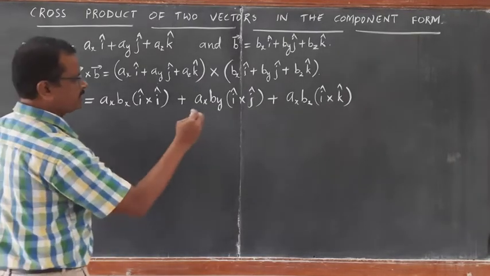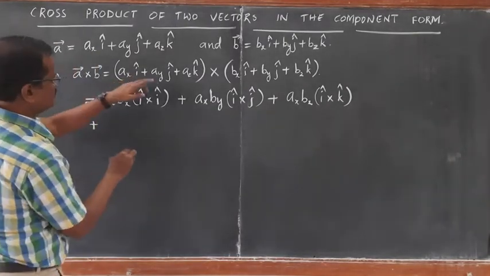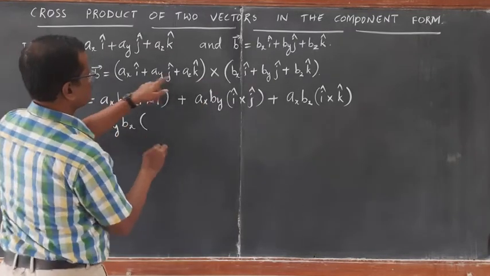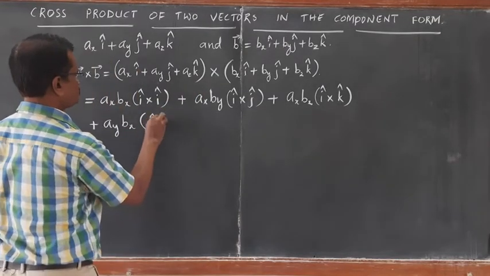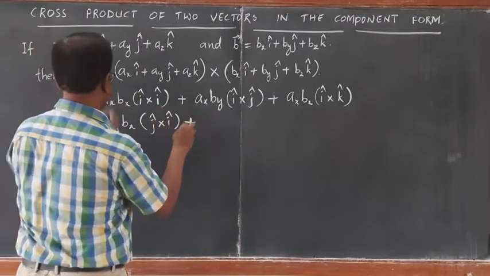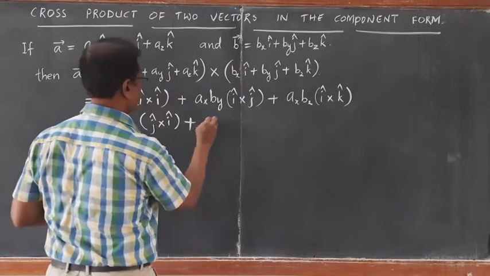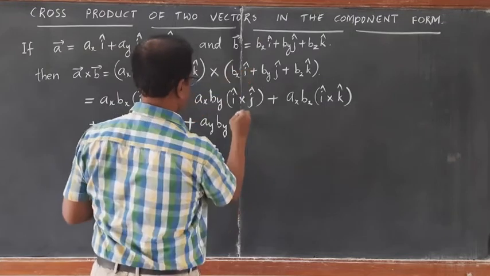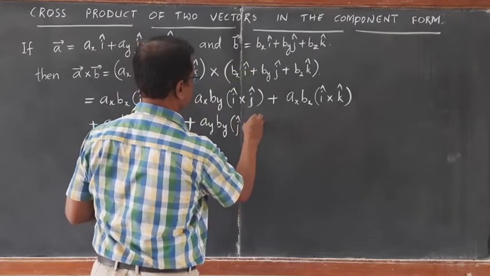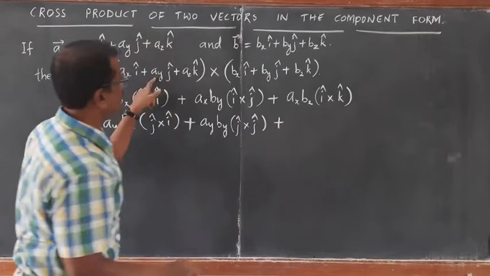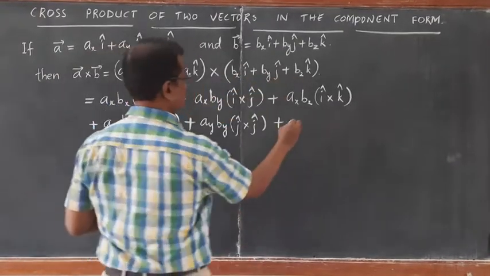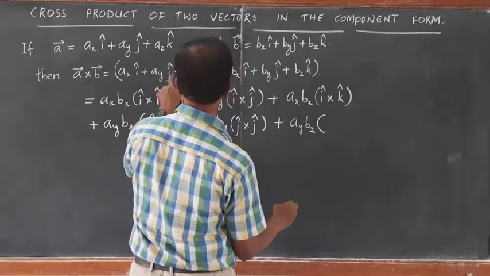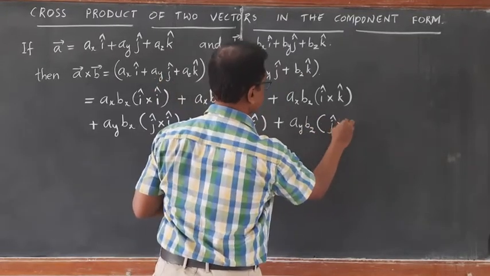So like this we will get 9 terms. Start with ay bx, j cross i, plus ay by, j cross j, which also gives us 0, plus ay bz, j cross k gives us i.